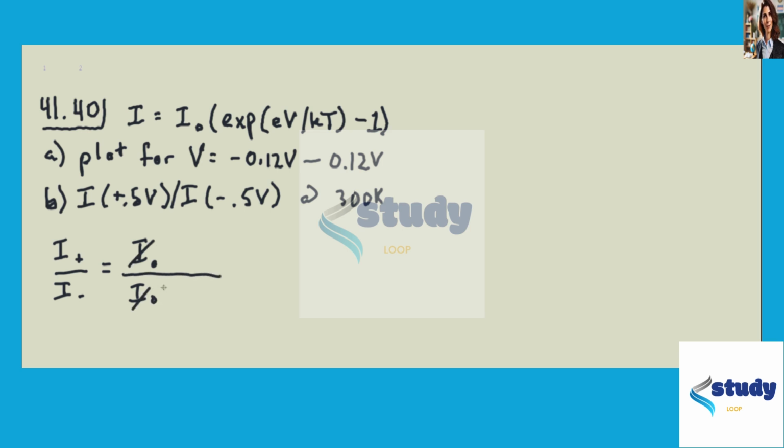That's not going to matter. We're going to have the exponential of e times 0.5 volts divided by kT, where T is 300 kelvins, minus 1.